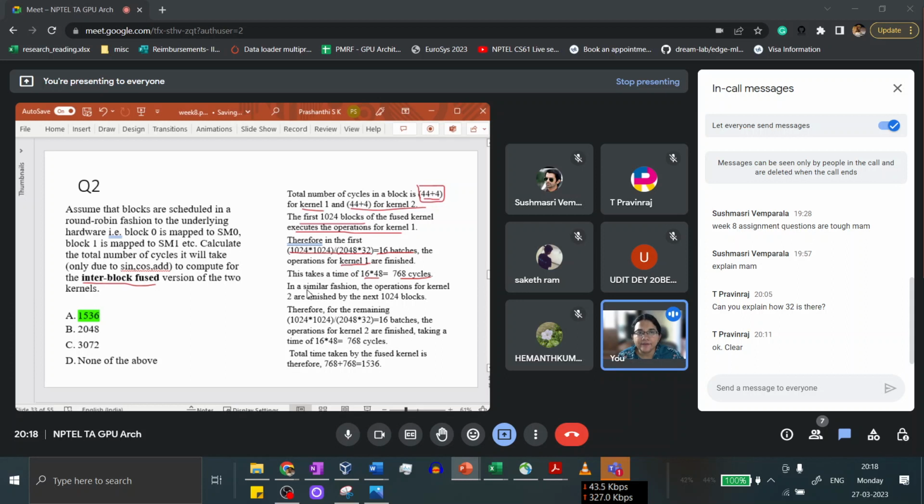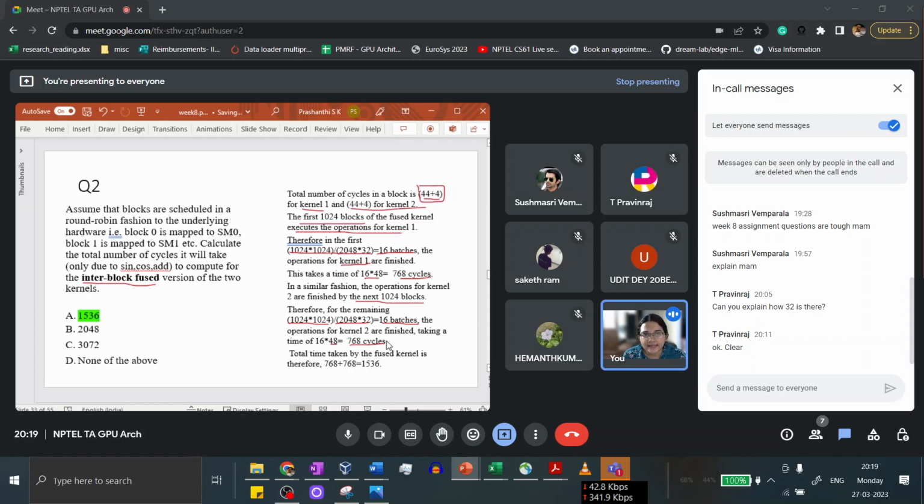Similarly, for kernel 2, that is the next 1024 blocks, you'll again get the same 16 batches because the launch parameters and the hardware config are the same. The number of cycles is also the same, 48. It's just 44 plus 4, right? So you again get 768.